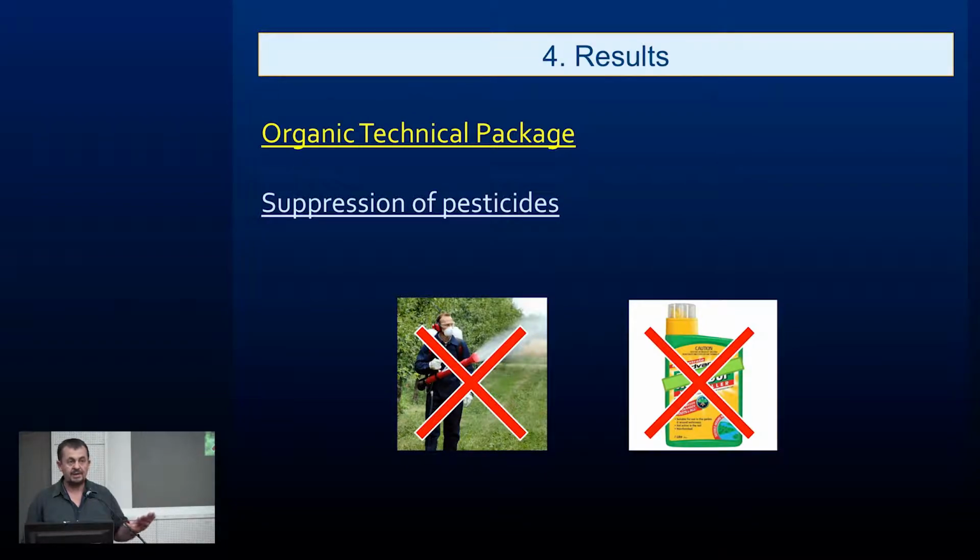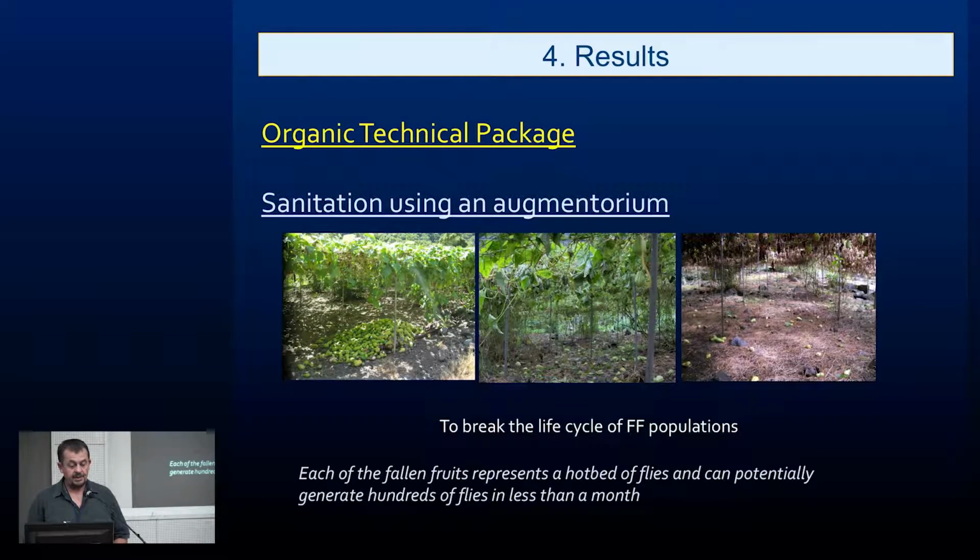So now you will see it's exactly the strict declension of the principle of agroecological crop protection. First of all, suppression of pesticides, insecticide, and herbicides.